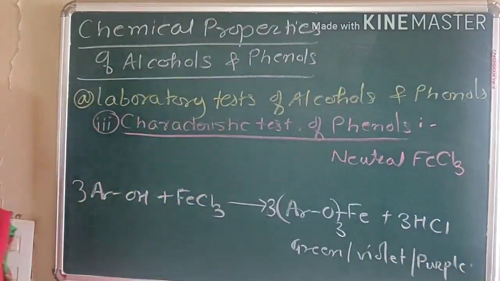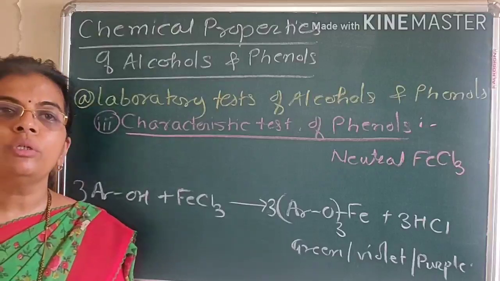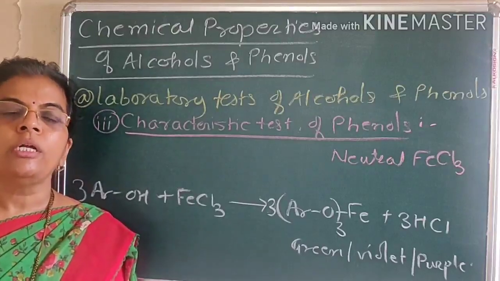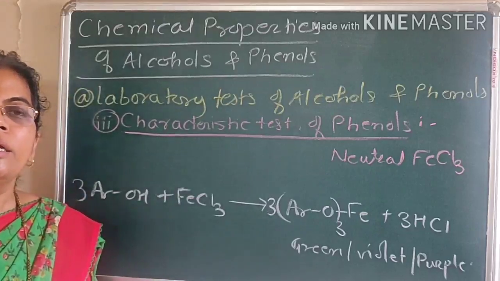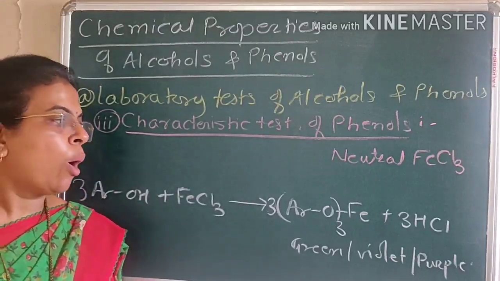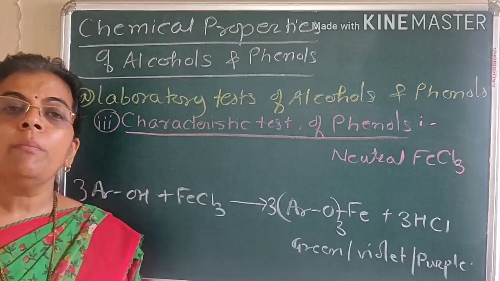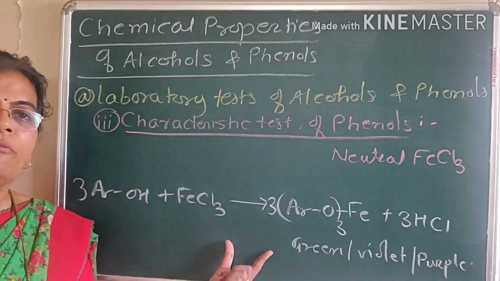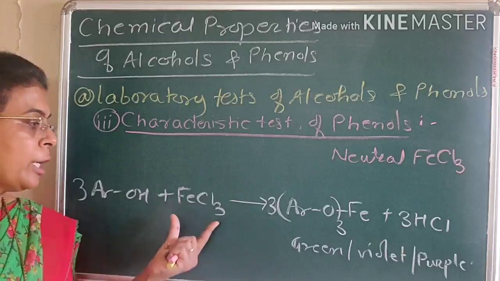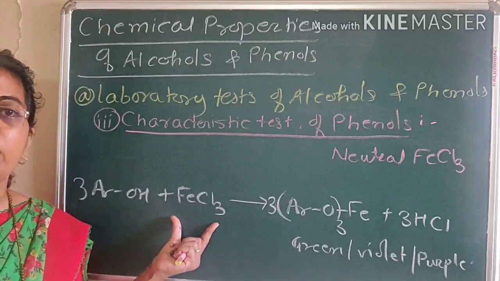That is, when phenol reacts with neutral ferric chloride solution, it turns green or violet or purple in color. This test is given only by phenols, but alcohol does not react with neutral FeCl3 solution.